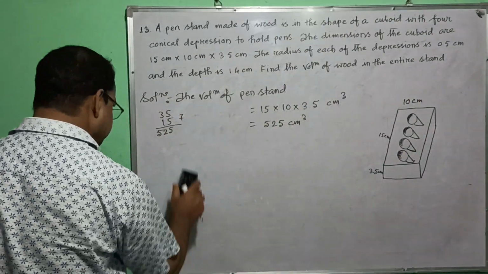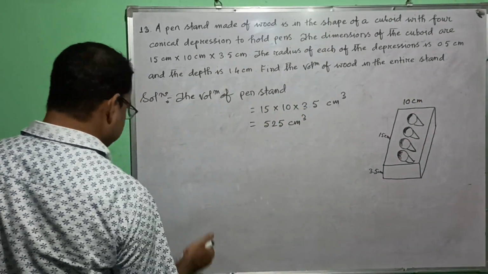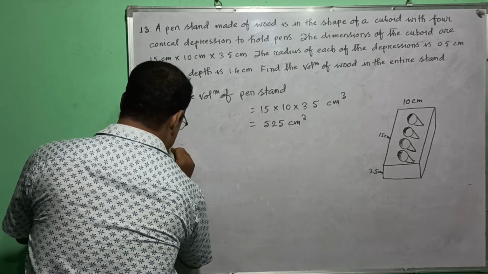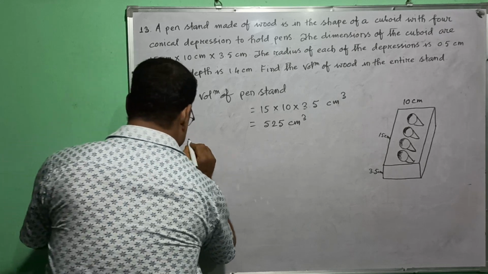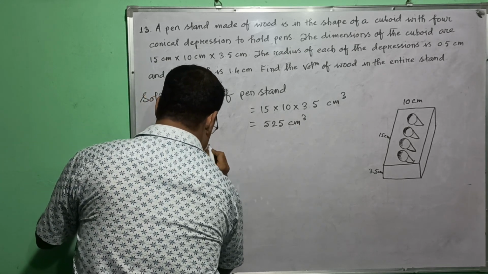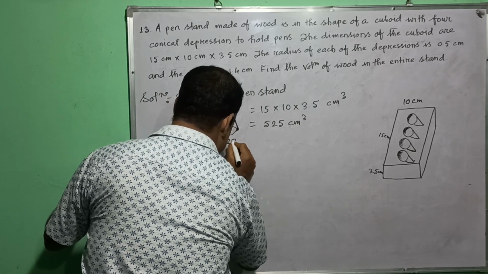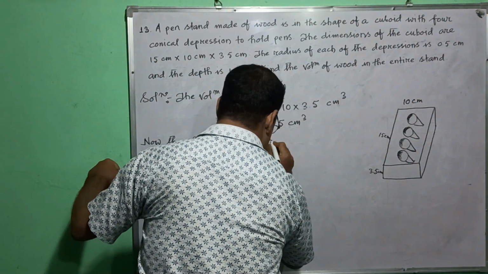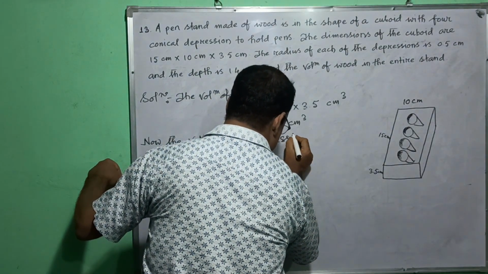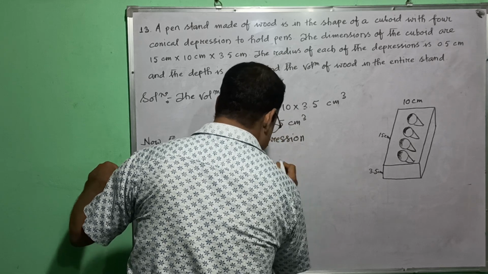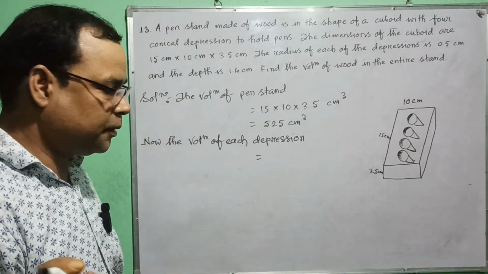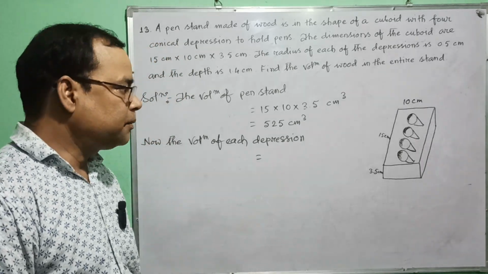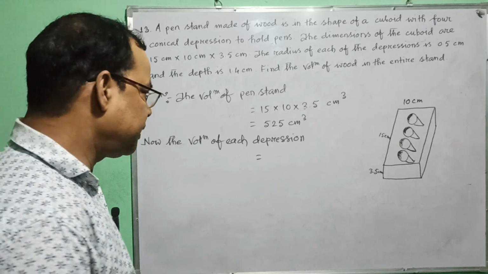Now we can write the volume of each depression. The depression is conical in shape. So you know the volume of the cone is 1 by 3 pi r square h.